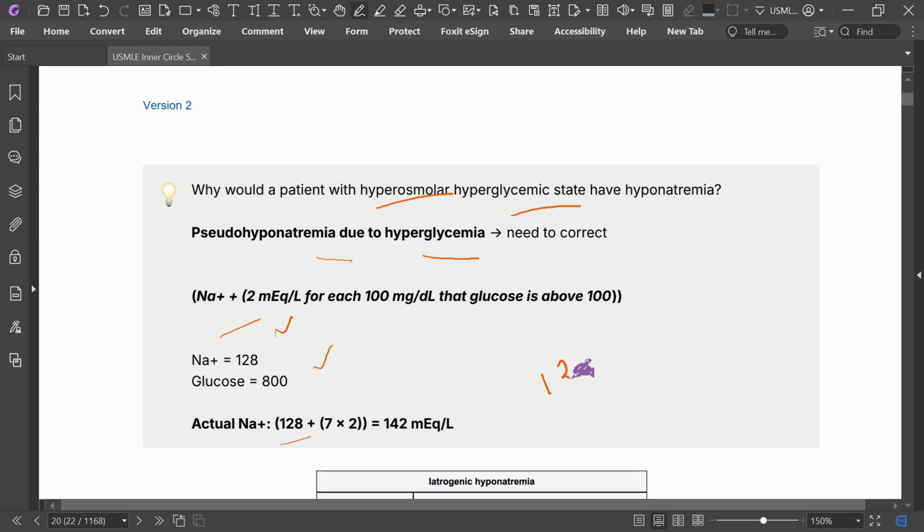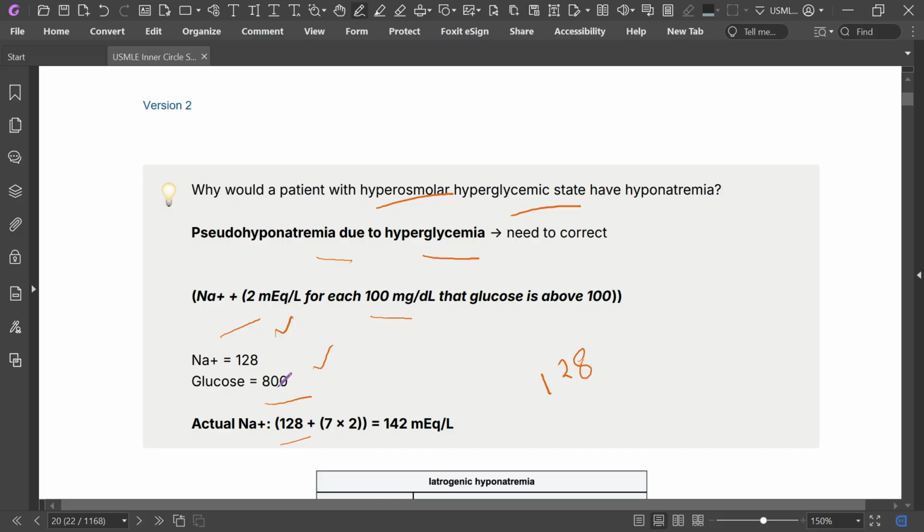In HHS, if sodium is 128 and glucose is 800, every 100 mg/dL above 100 equals 2 milliequivalents of sodium.